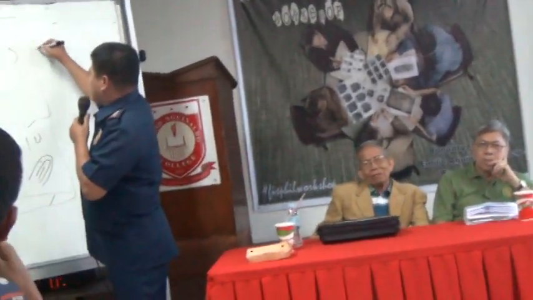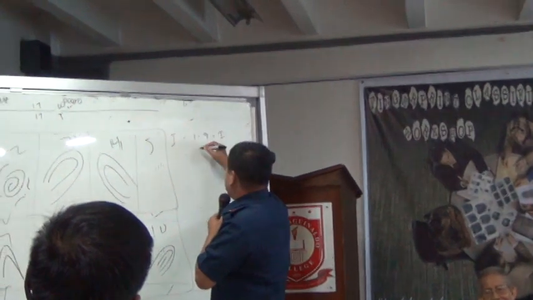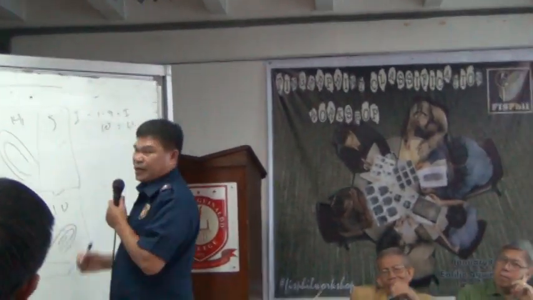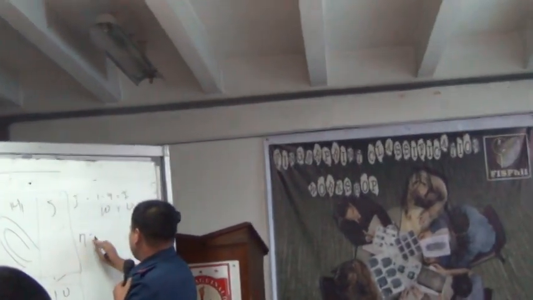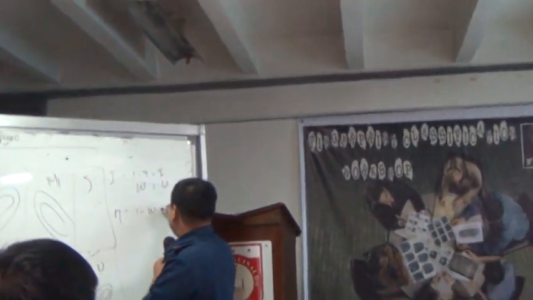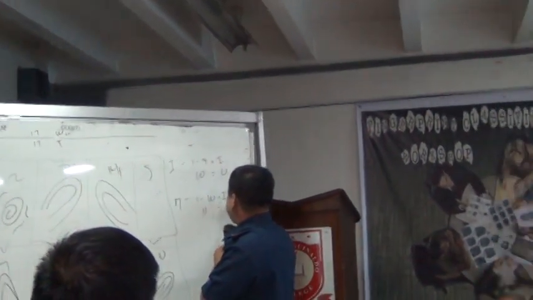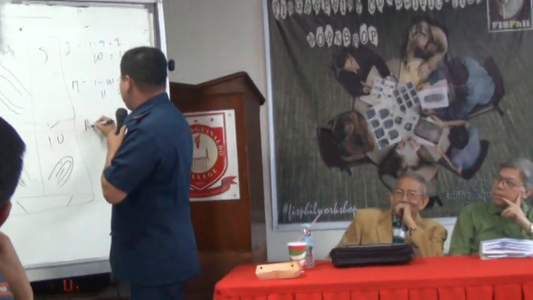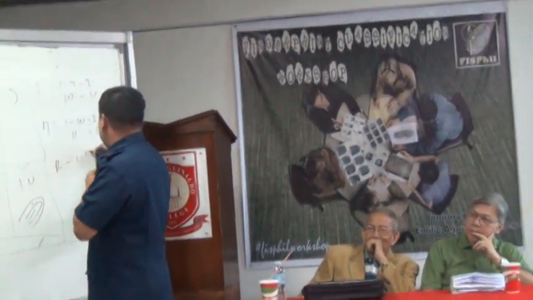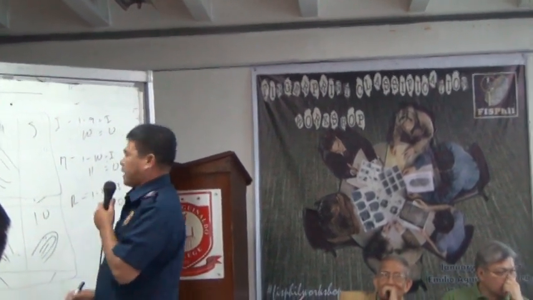Sa index finger, pag 1 to 9, that is inner. Pag 10 up is outer. Sa middle finger, pag 1 to 10 is inner, and 11 up is outer. Di ba? Pag sa ring finger, 1 to 13 is inner, and 14 up is outer.